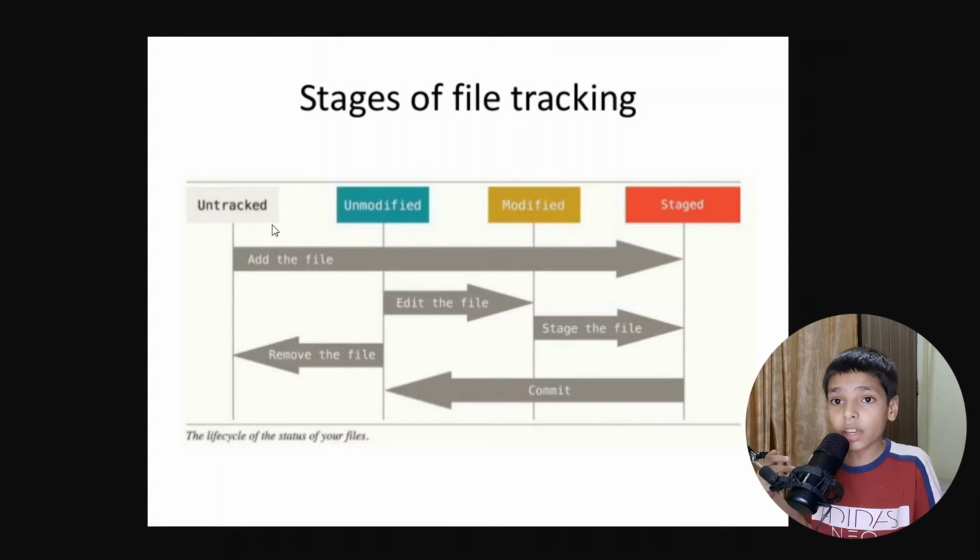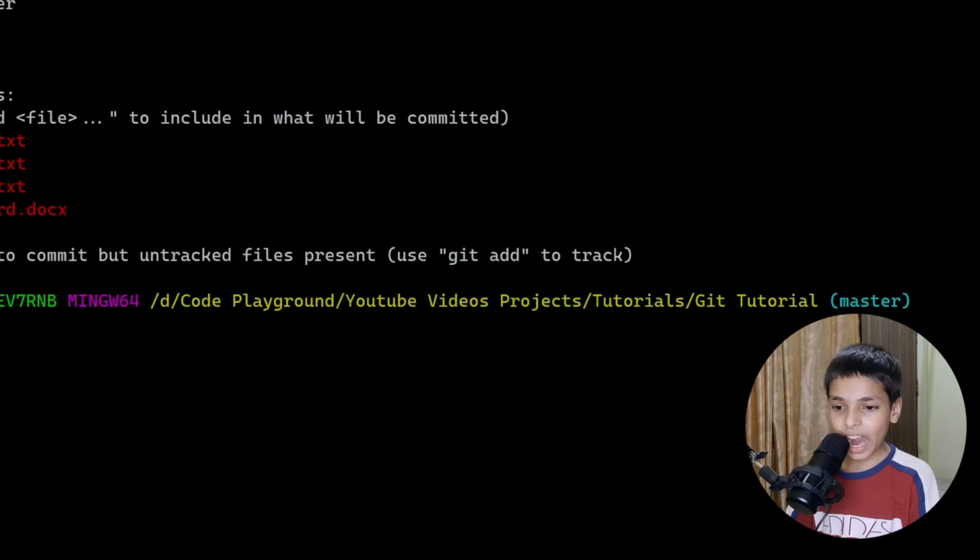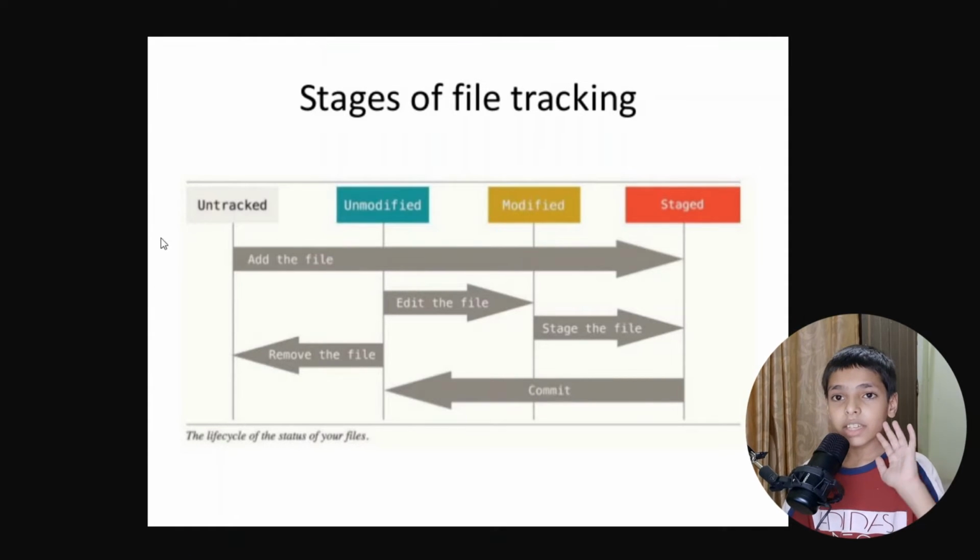Means Git doesn't even know what that file is. Git says this file is untracked. So also here we have an untracked file, means Git is not tracking this. Git doesn't even know what is inside these files.